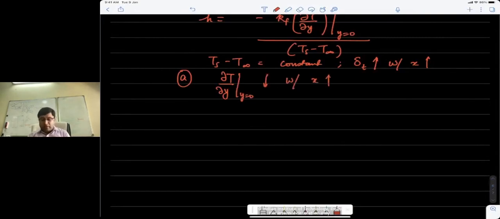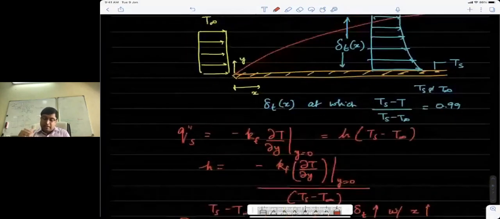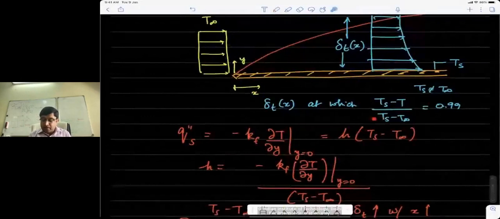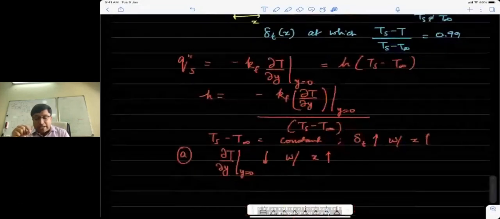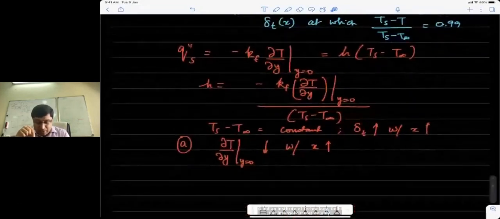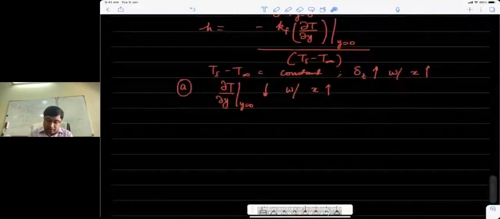If you're not able to figure it out, the only hint I can give is that the boundary layer, we define it as the distance across which the temperature grows to about this ratio. So if the boundary layer is growing, then the variation will become more and more gradual. So clearly dT/dy, the slope itself at y=0, will actually decrease with increasing x.